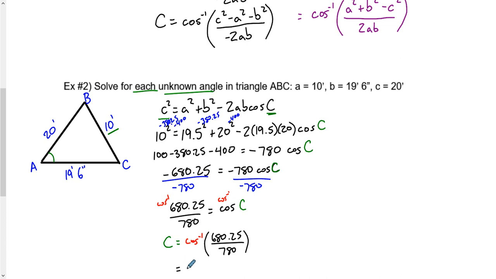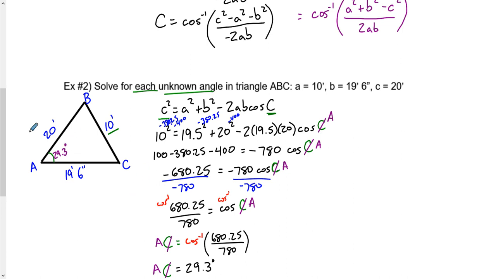C would be 29.3 degrees. Or, I guess in this case, it's actually angle A. So here, we have 29.3 degrees.